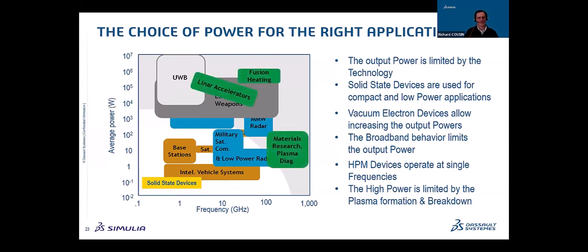And you also have some research activities such as linear accelerators and fusion heating. So all the applications that we've seen previously are also embedded into this graph, and need to be designed for specific applications, taking into account all the limitations that we've seen here for the simulations of this kind of devices.